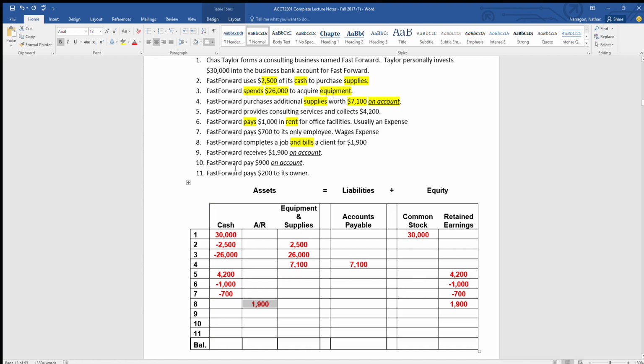As you see with number 9, now we have received the money. So this is basically taking out the money from the accounts receivable since it came from a client. And again, it has a big old keyword of on account. And since it's cash that came in, it's just going to affect one side. Again, notice how it's affecting either one side or two sides.